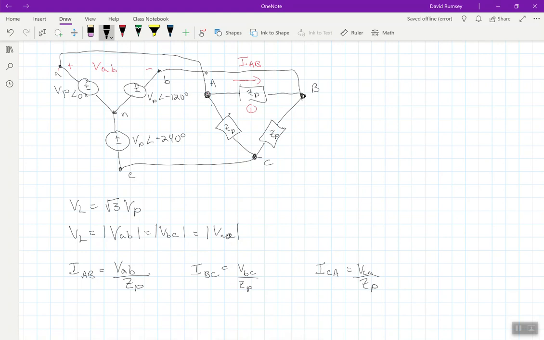Well, the difference is that you're actually getting the line voltage applied to the load as opposed to the A to N voltage. The line voltage is really what's getting applied across here, because remember, this line voltage is the magnitude of VAB, magnitude of VBC, and magnitude of VCA. So we're really getting this line voltage applied to each of these loads as opposed to this voltage source. So we're getting a little bit more voltage applied to those.